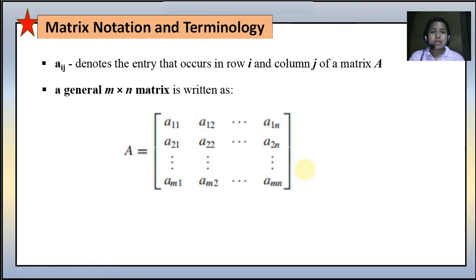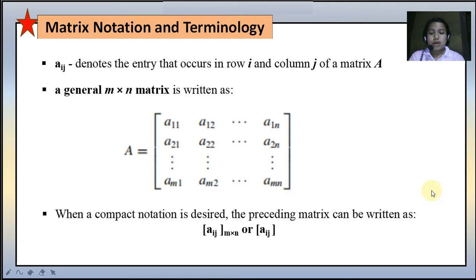Hence, it is called an m by n matrix. And then when a compact notation is desired, the preceding matrix, this matrix A here, can be written as A sub ij sub m by n, or just simply A sub ij. So again, i here represents the row, and j represents the column.